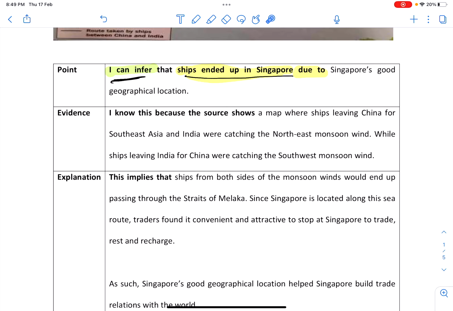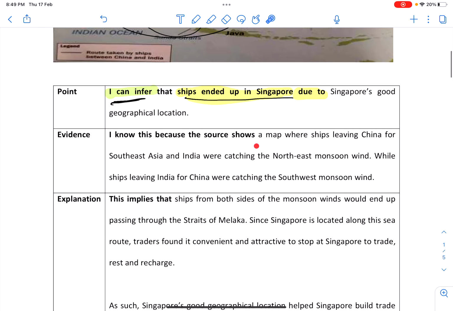Then, as per the previous example, you need to show me the evidence that supports this stand. And the evidence is in the source, where there's a map showing ships leaving China for Southeast Asia and India were catching the northeast monsoon wind, whereas ships leaving India for China were catching the southwest monsoon wind.